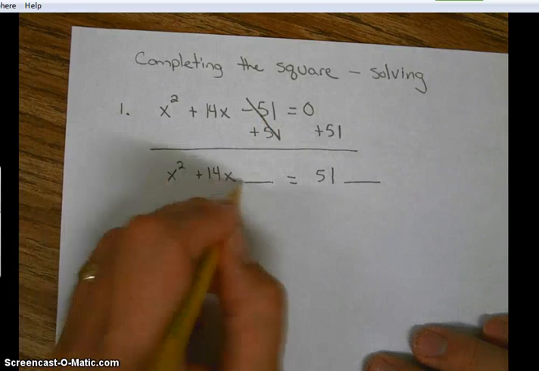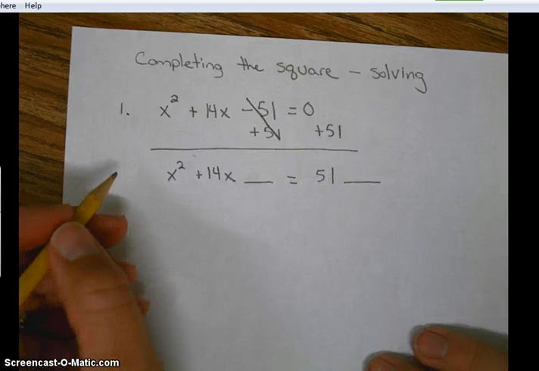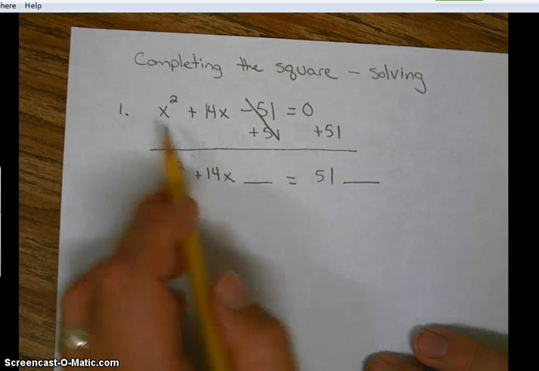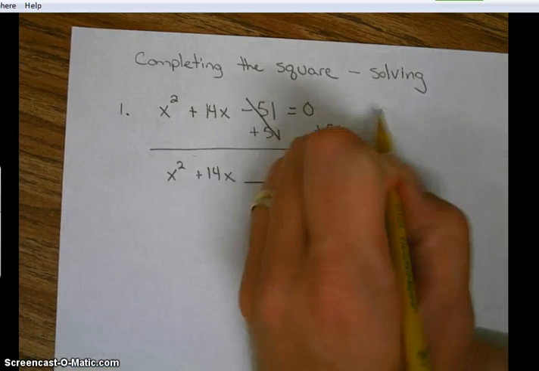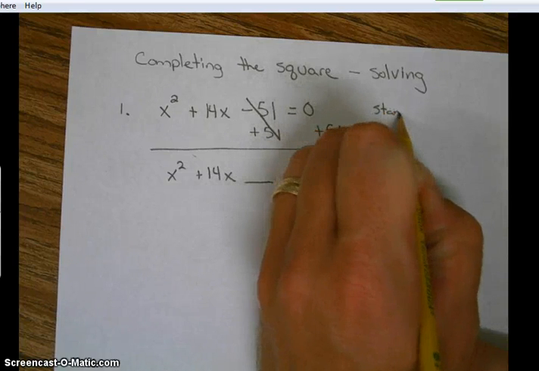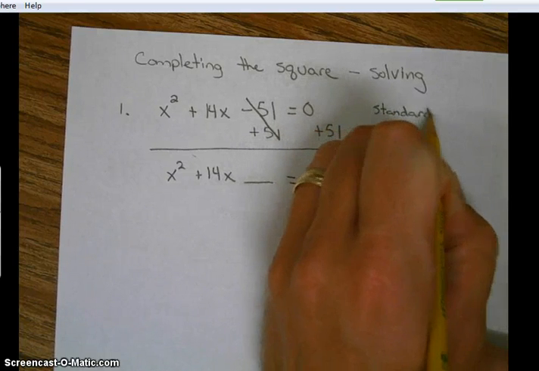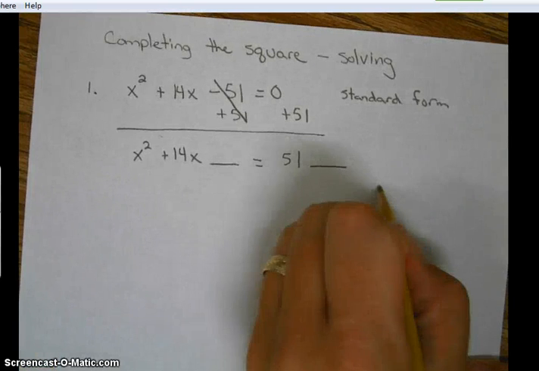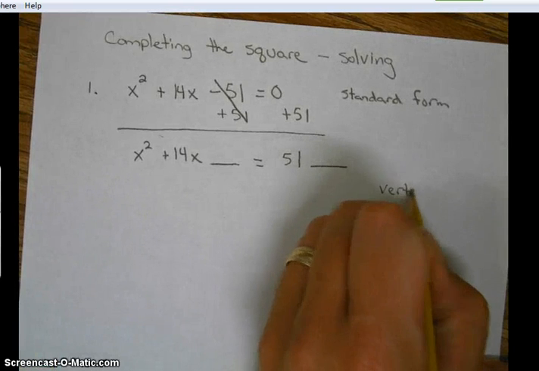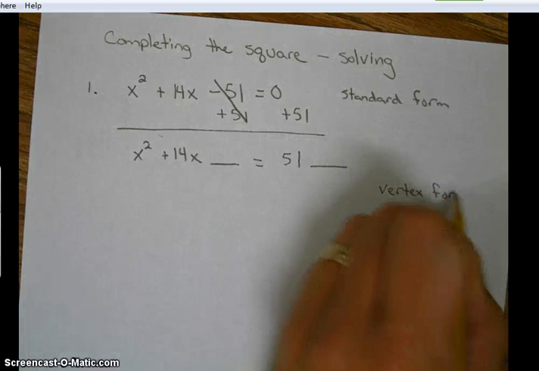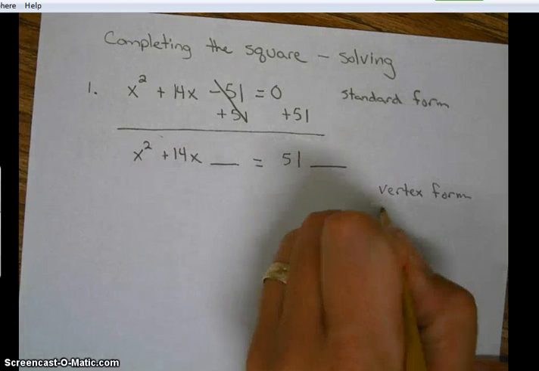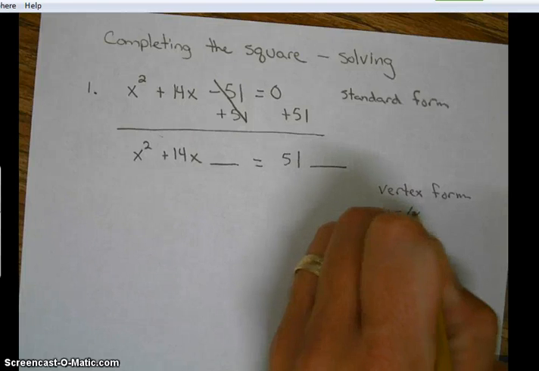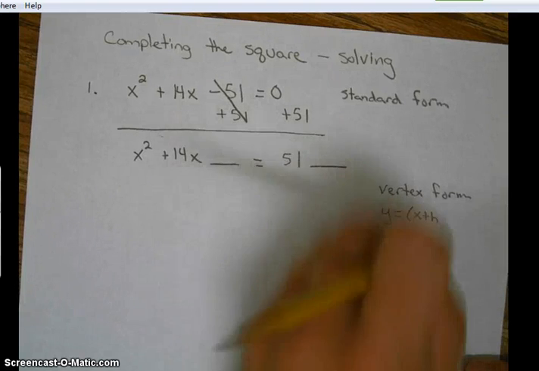So next thing we're going to do is, now this is procedure. We're going from standard form to vertex form. If you've forgotten what vertex form looks like, it looks like this.